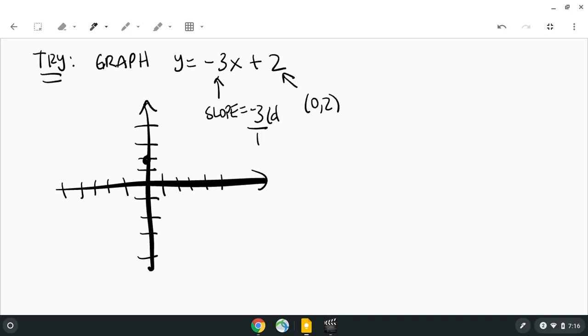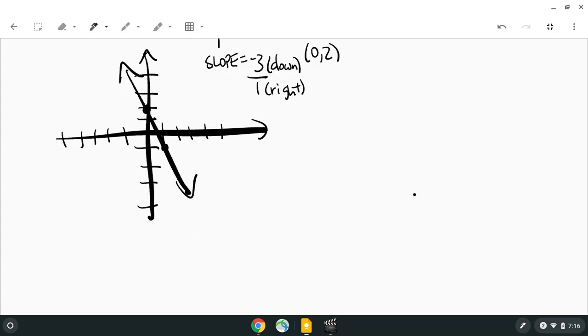So since it's negative, I will go down, and this one is positive, so I will go right. So I'm going to go from my y-intercept, go down 3, 1, 2, 3, and then over to the right 1. And that's your graph.